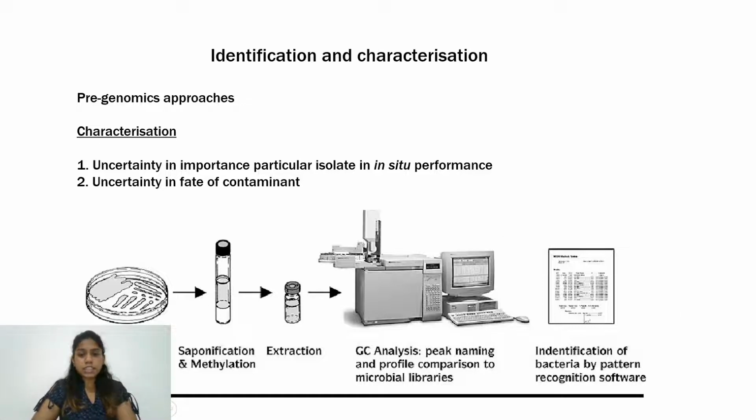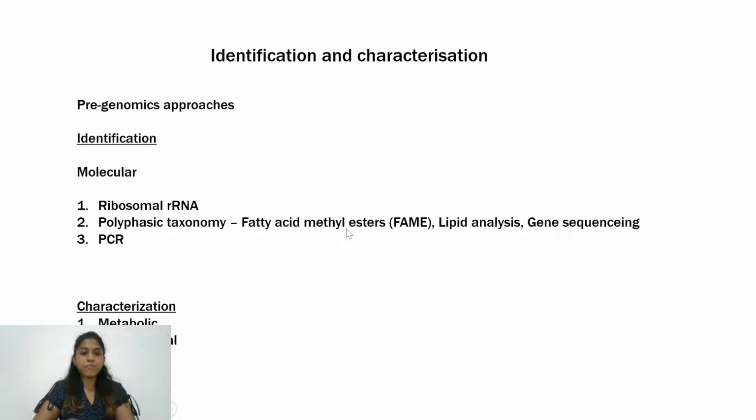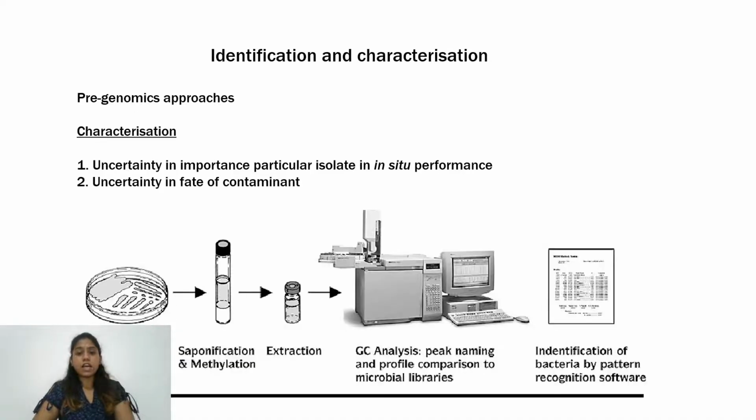This is a small sketch of how the FAME, fatty acid methyl esters, technique works. We culture the microbe from the environmental sample, and the saponification process and the methylation process are conducted. Saponification is the addition of an agent that forms a foamy soap-like structure, so esters are formed.